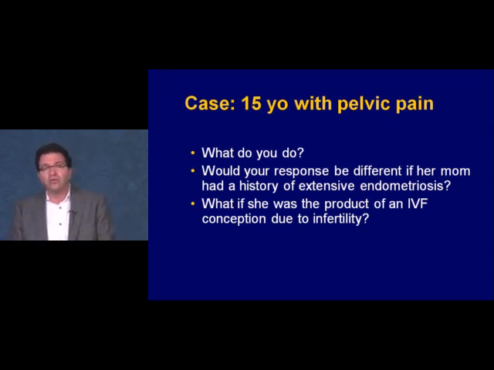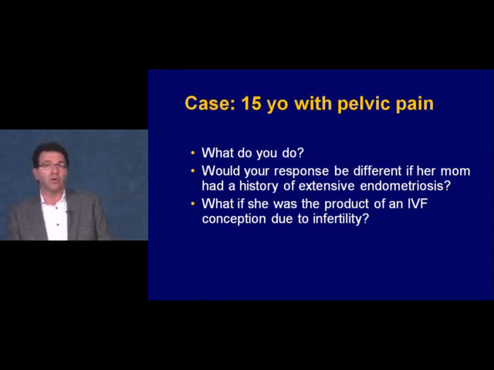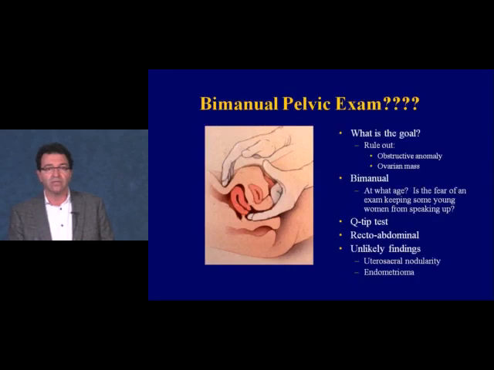What if the young woman who's your patient is the product of in vitro fertilization due to infertility? Should we intervene sooner? What if that mom had no pain at all, but only found out she had endometriosis because she was infertile? Those are questions that are at the cutting edge of the questions that we ask as we take care of adolescents with endometriosis.